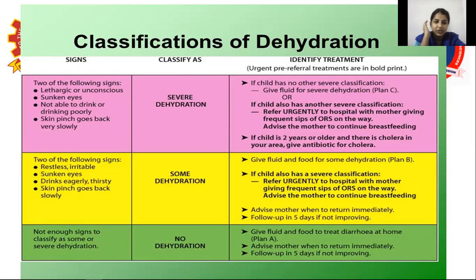So what are the signs of dehydration that we see in a child, from head to toe? If it's a newborn or an infant less than around 1.5 years of age, we can see the anterior fontanelle, whether it is sunken or depressed, a little below the surface.